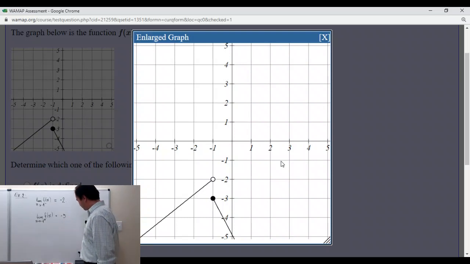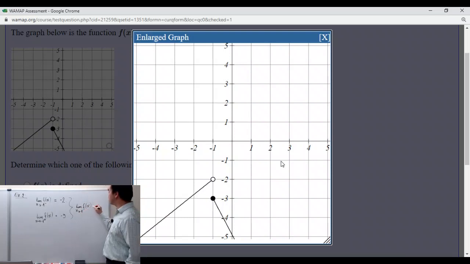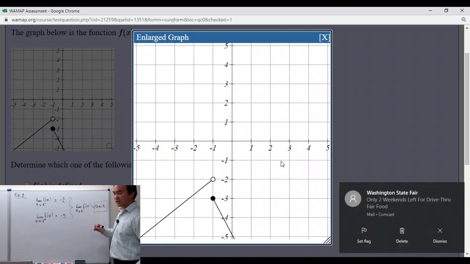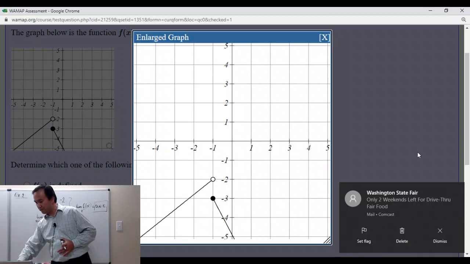And so that means generally speaking, from 2 sides, the limit of this function f of x for x coming close to -1 from both sides is a non-existing limit, or our popular expression here is DNE.